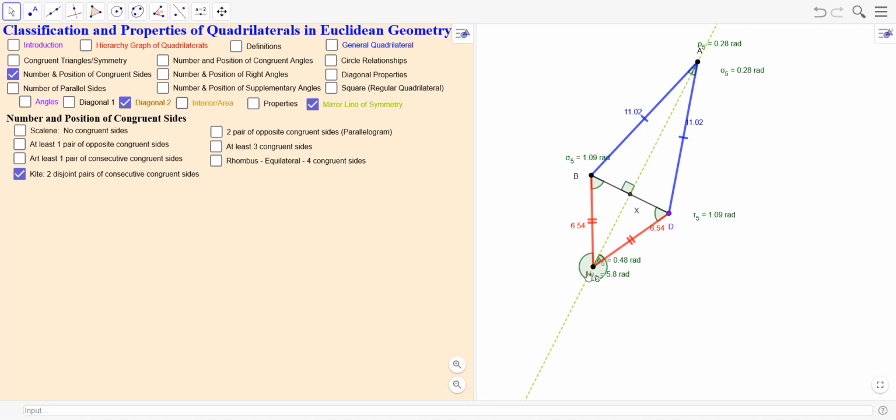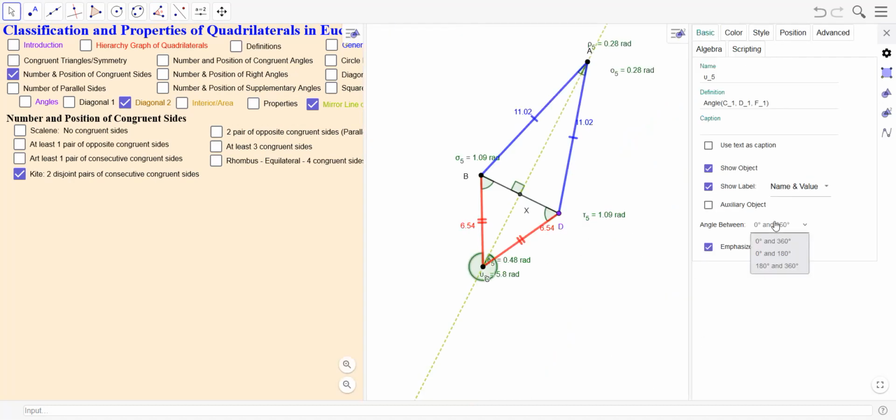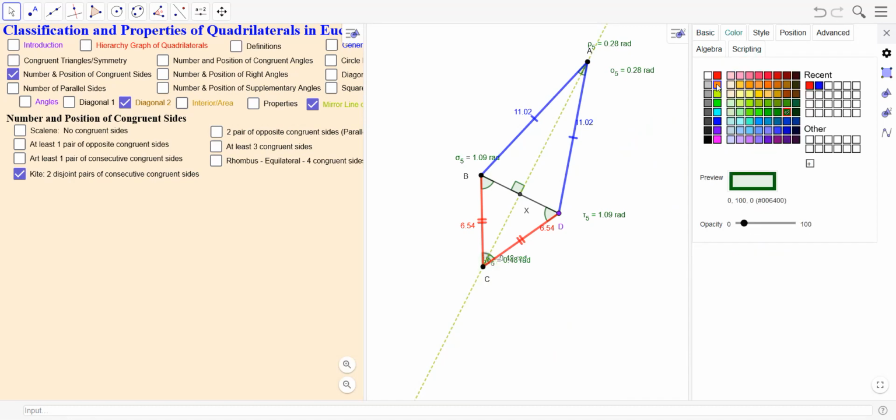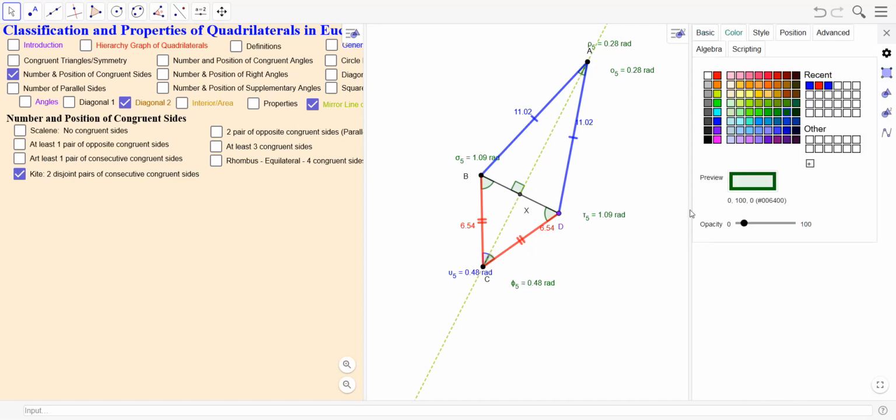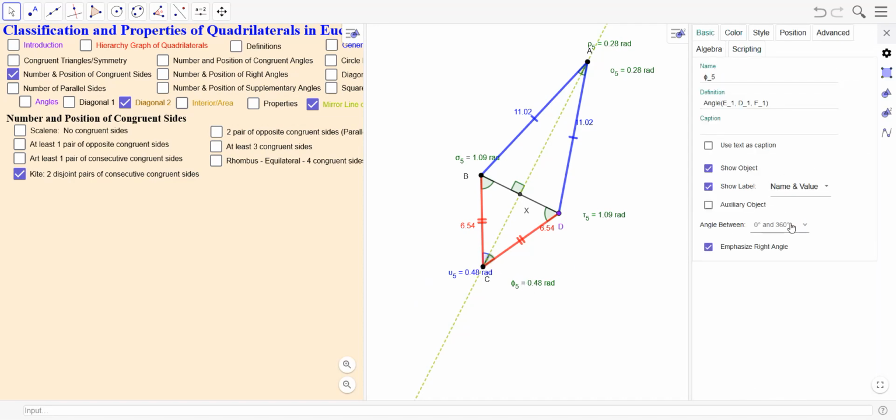So we're talking about this angle right here being between 0 and 180 degrees. Let's make it a different color, versus this other little angle right here. Let's also make it between 0 and 180 degrees.